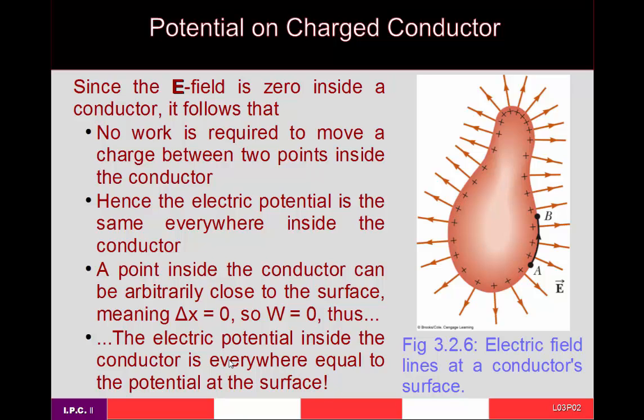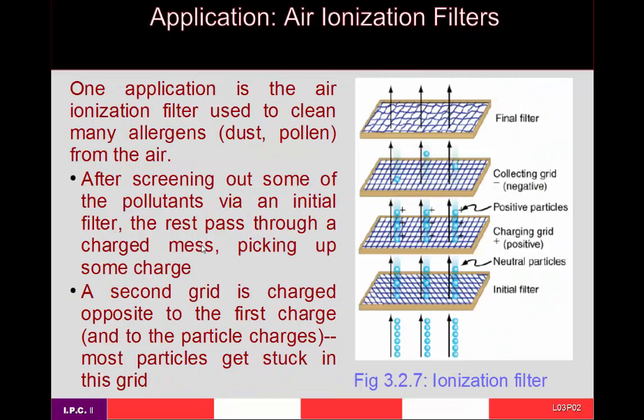So therefore, the electric potential everywhere inside must be equal to the electric potential at the surface, because there's no change from the surface to an arbitrarily small step inside of the surface, and once you're inside the surface, you have the same potential everywhere. So that is one of the physics applications.